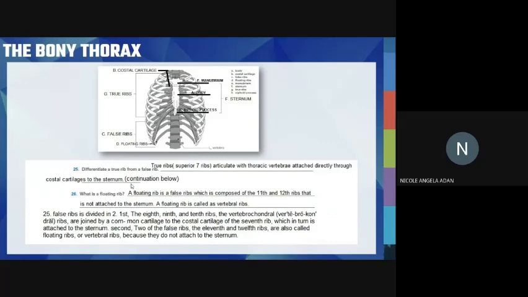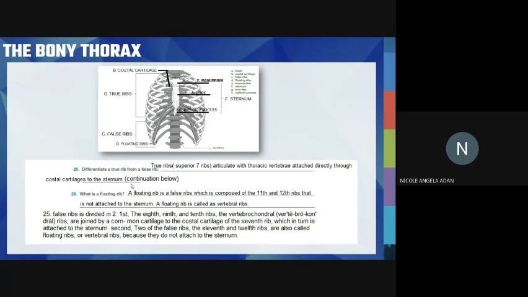True ribs, or the superior seven ribs, articulate with thoracic vertebrae and are attached directly through costal cartilages to the sternum. False ribs are divided into two.